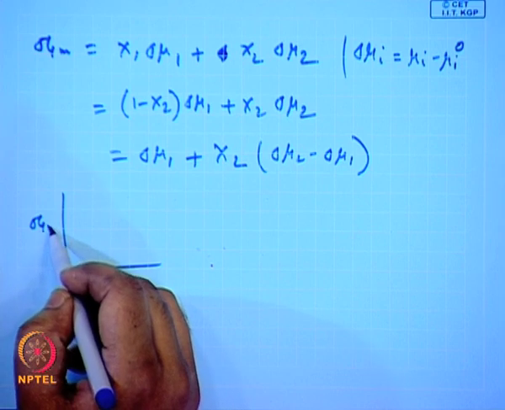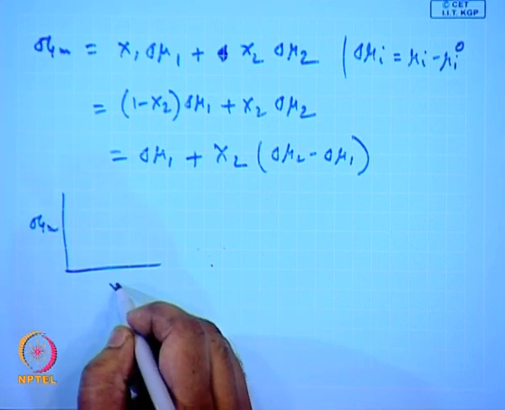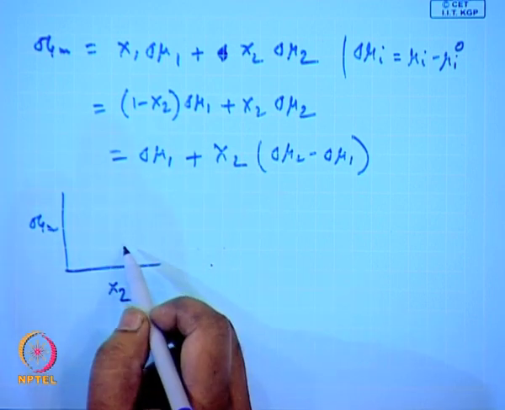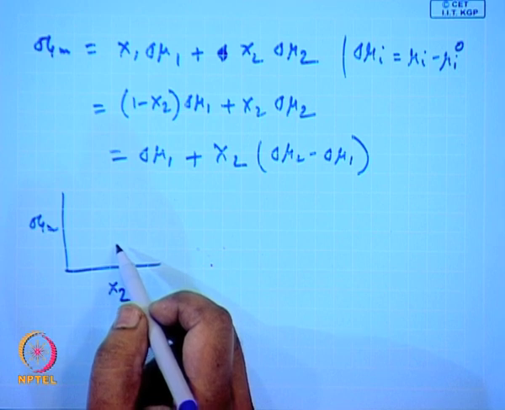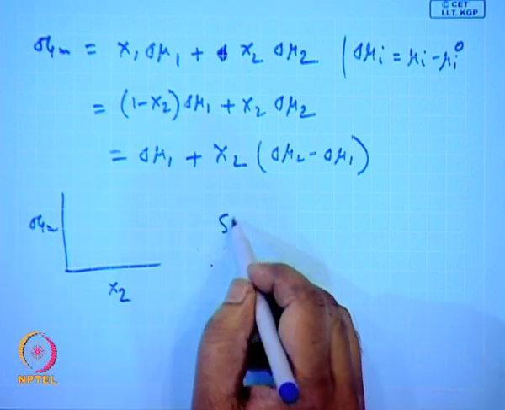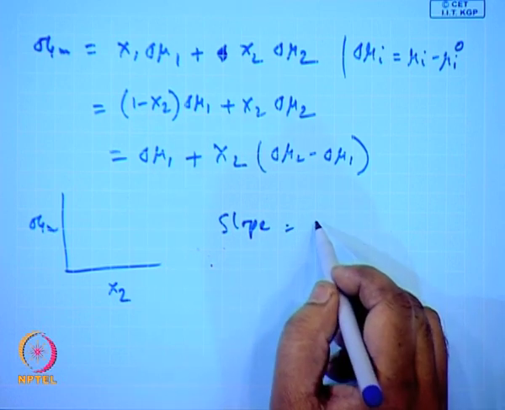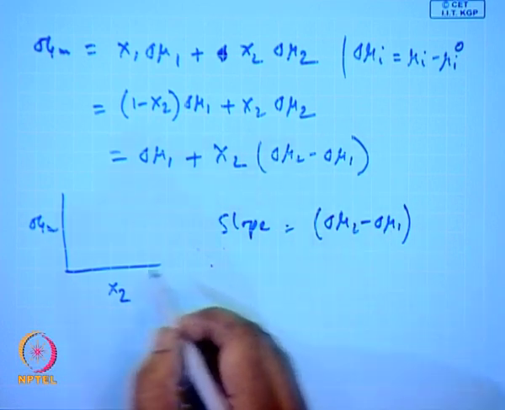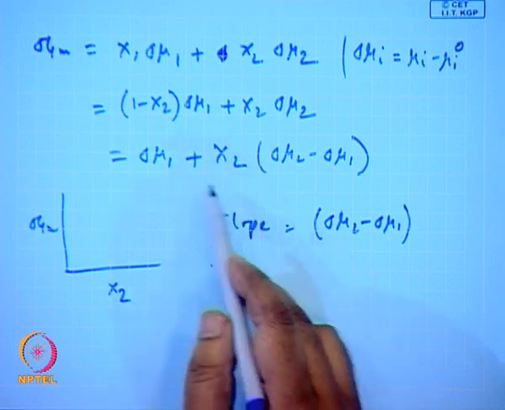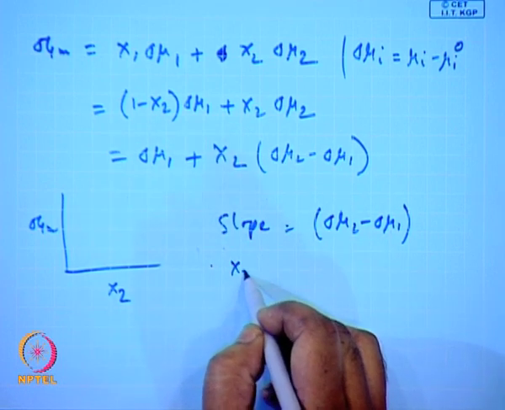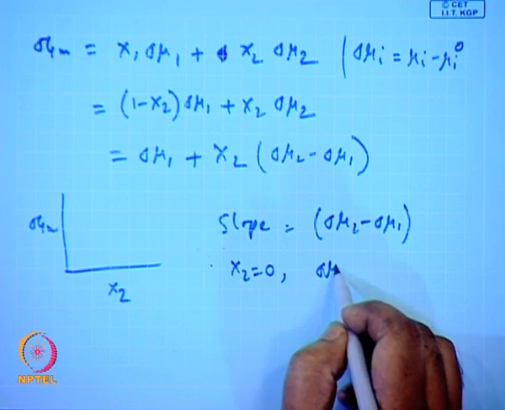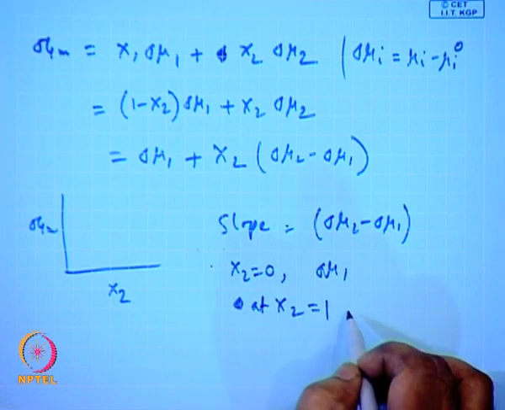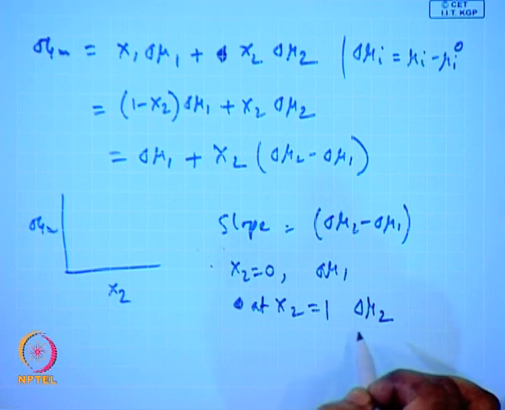So, if you plot delta G mix versus x 2, you get the slope as delta mu 2 minus delta mu 1, and the intercept at x 2 equal to 0 will be delta mu 1 and at x 2 equal to 1, you will get delta mu 2.